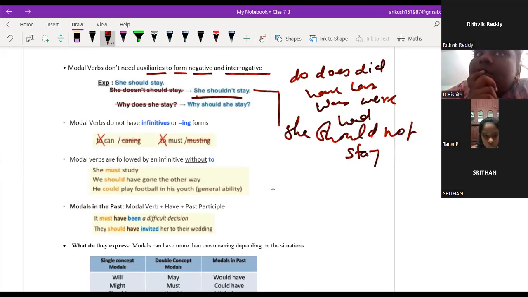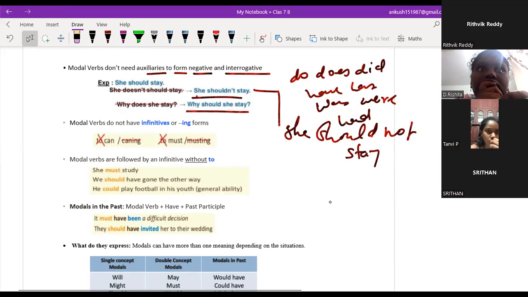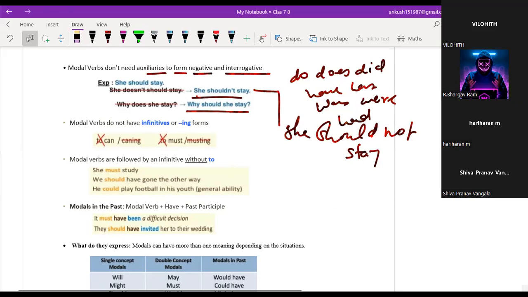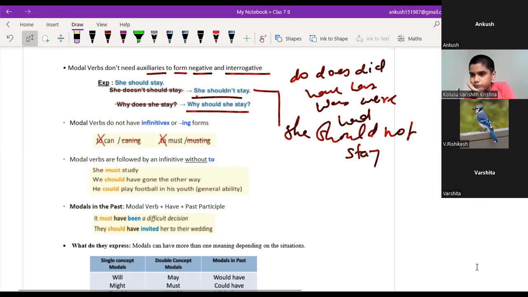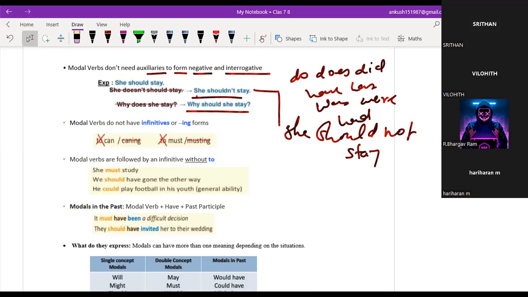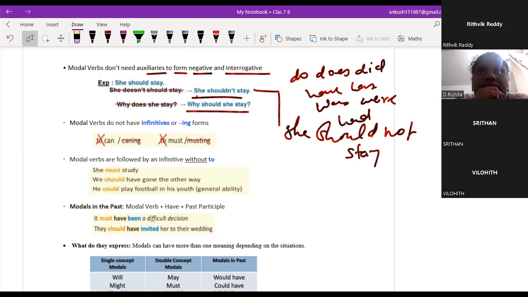And what is the question there? Tanvi? What is the question given here? Tanvi has left the class or what? I don't like such students whose name is taken and they leave the class.